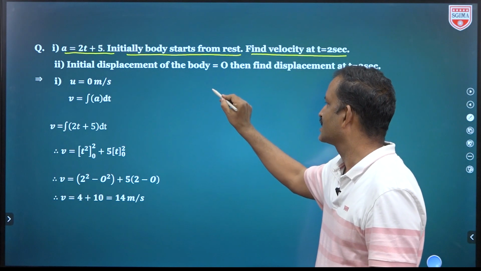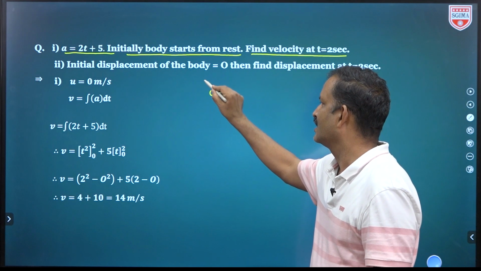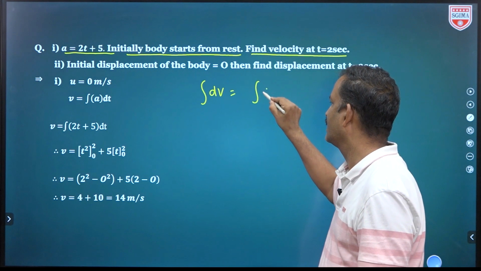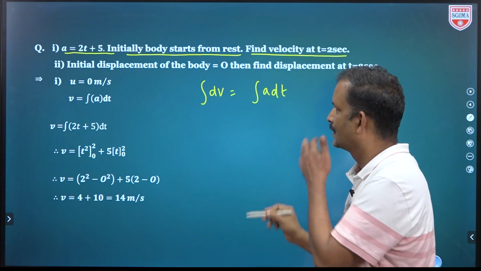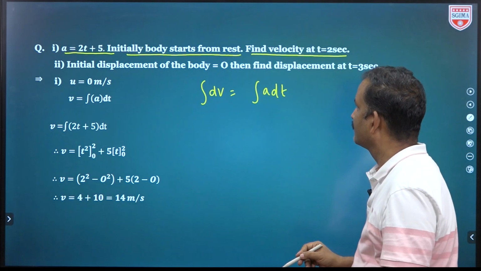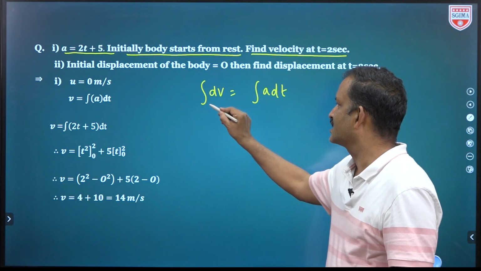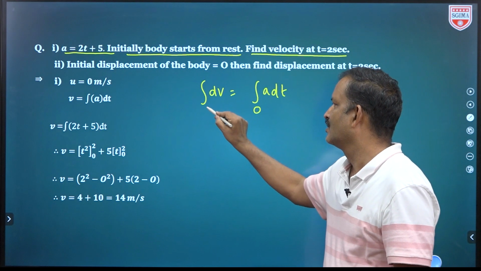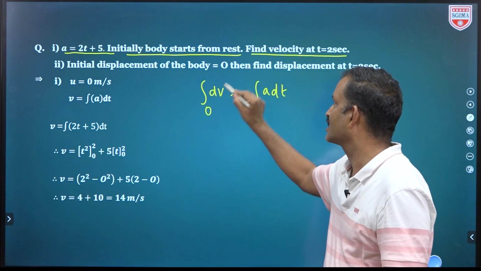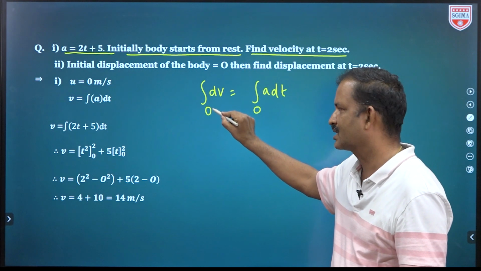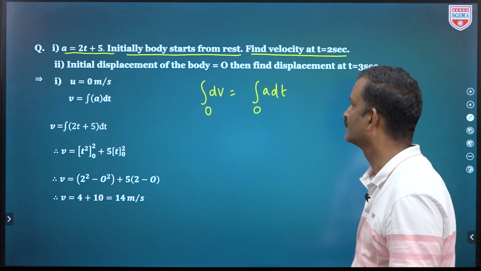To find the velocity, integral of dv is equal to integral of a dt. Initially, body starts from rest. Initial means time 0, velocity is 0. Suppose velocity 1 meter per second is given, you have to write that.